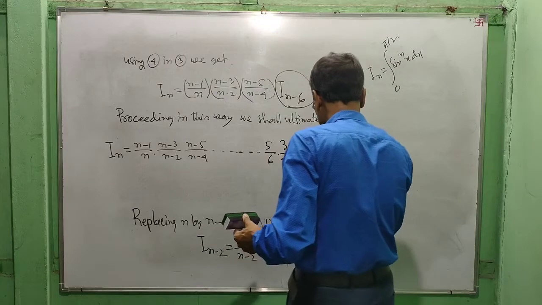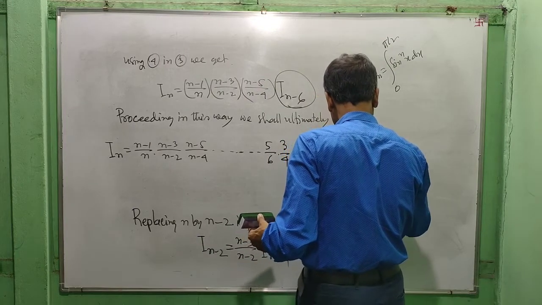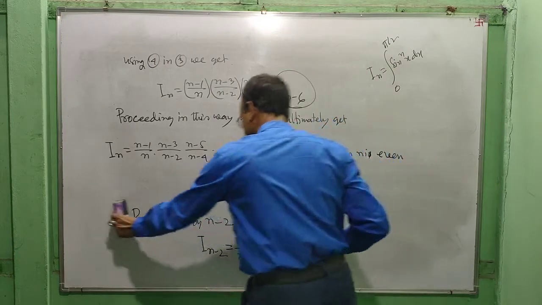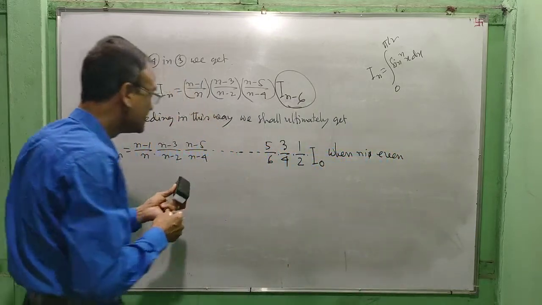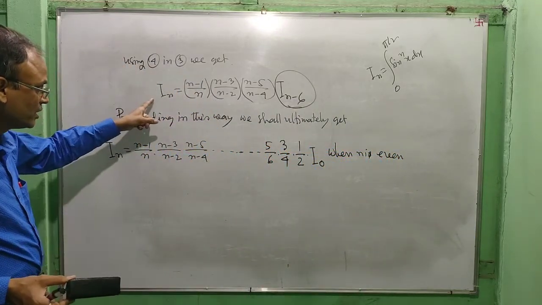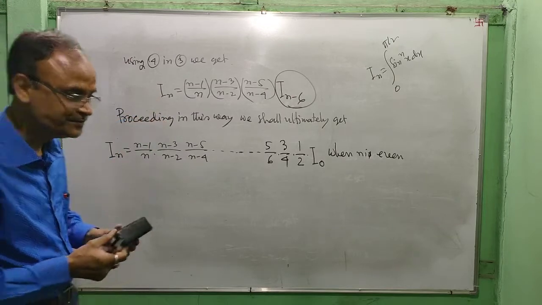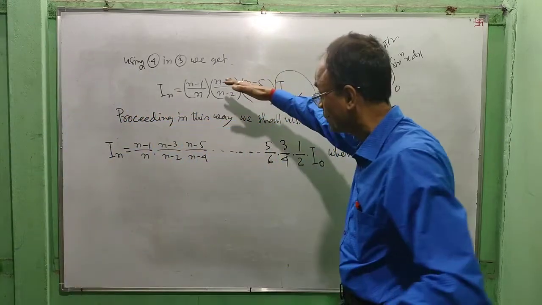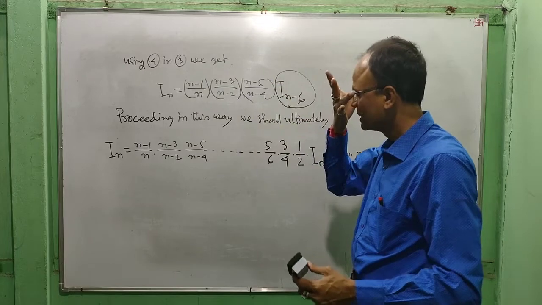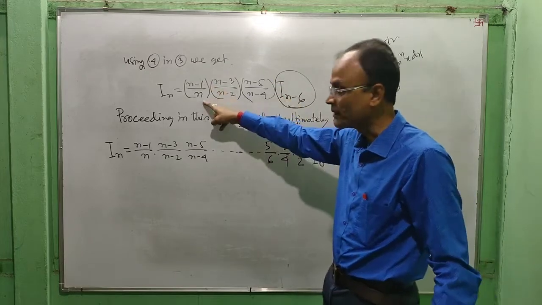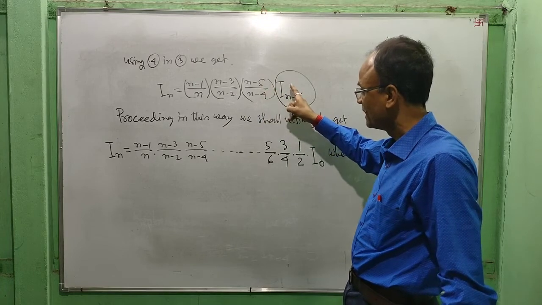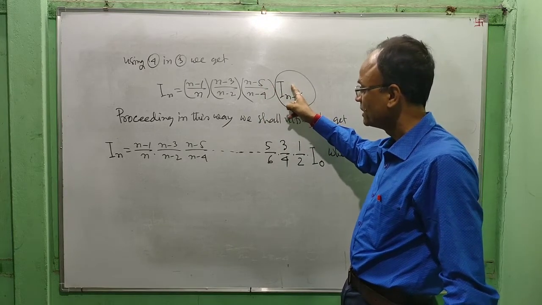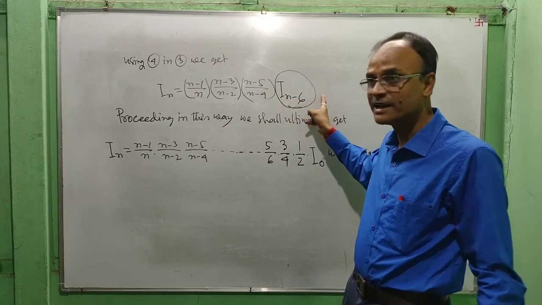When n is even, we shall ultimately get this one. Proceeding in this way, the next term will be n minus 1 by n, n minus 3 by n minus 2, n minus 5 by n minus 4, n minus 7 by n minus 6, n minus 8.